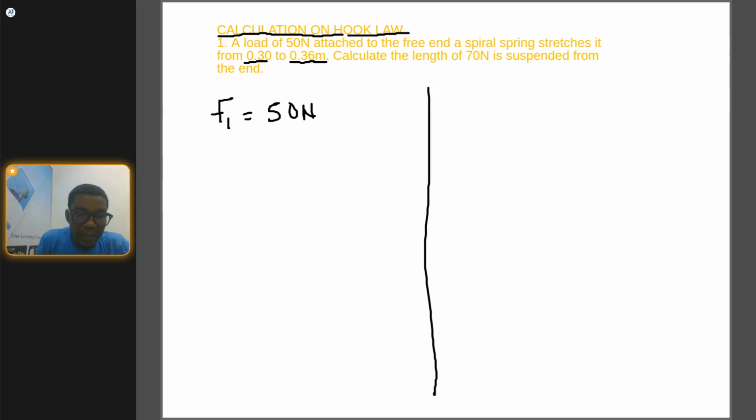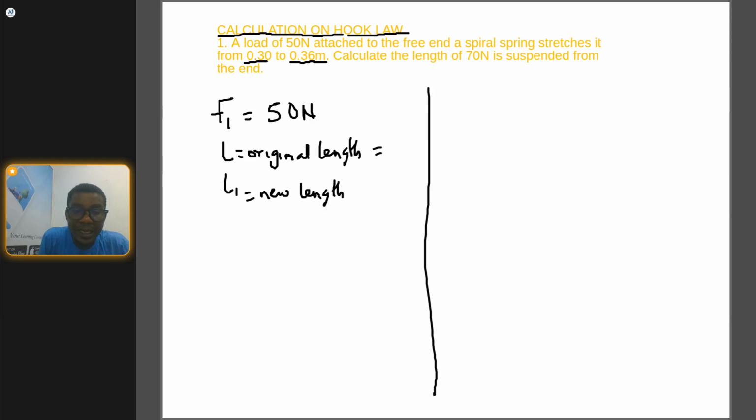So we have L, that is the original length, and L1, the new length.